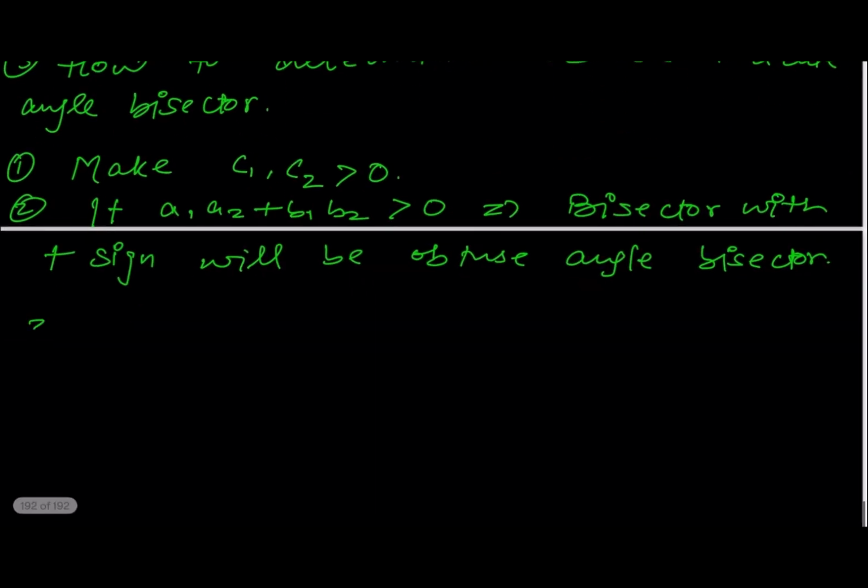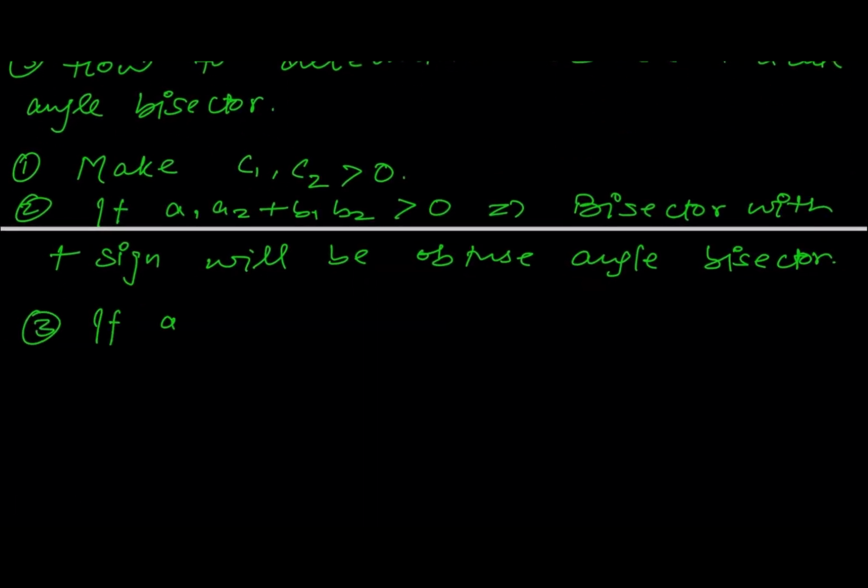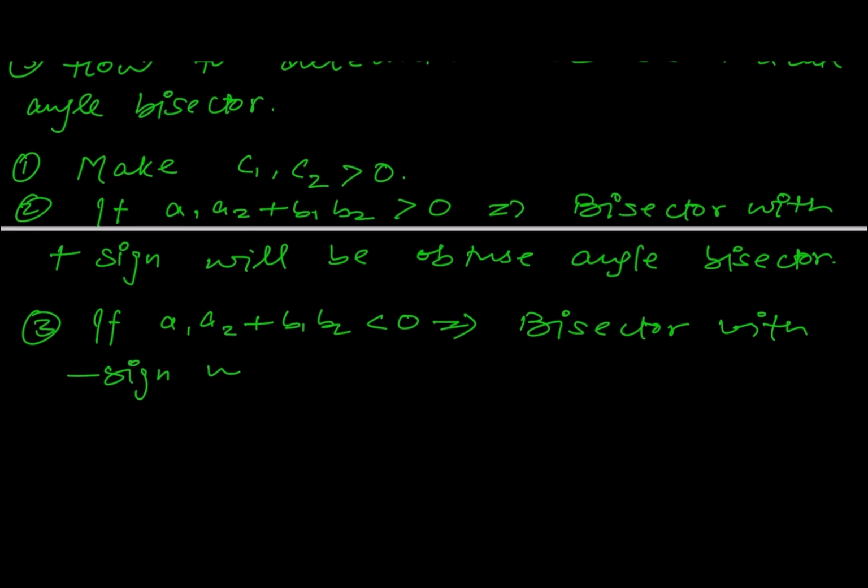And if a1a2 + b1b2 is less than 0, implies the bisector with negative sign will be the obtuse angle bisector.